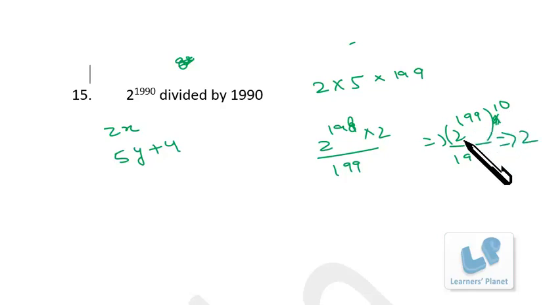I'm sorry, that is in power. So 2 raised to 199 divided by 199, the remainder is 2, but we have this power 10. So our remainder will be 2 raised to 10. Getting my point? Because we have 1990, the remainder will be 2 raised to 10, that is 1024.